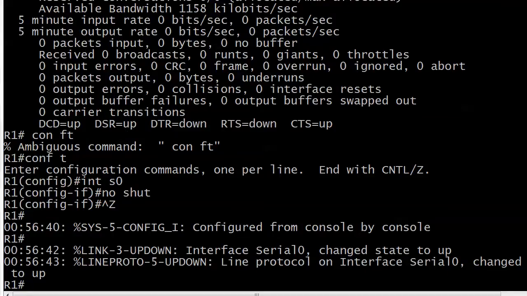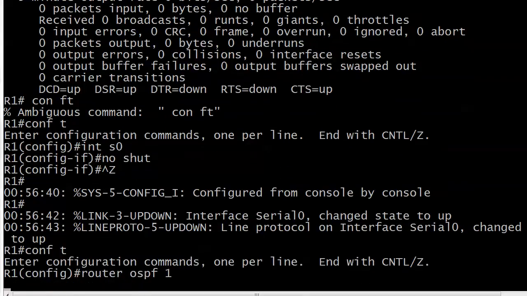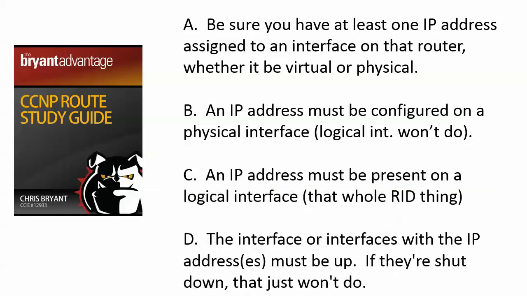Our physical interface is already up, and we're going to go ahead and try process 1 again. This time you see config-router come out. When you see that, you know your problems are over. Going back to the choices we had for this question, we know that D is correct because the router even told us that. The interface or interfaces with the IP address must be up.